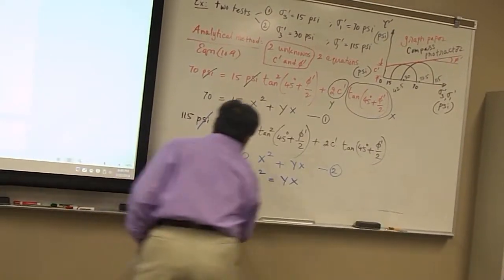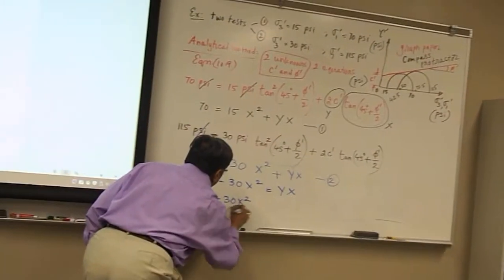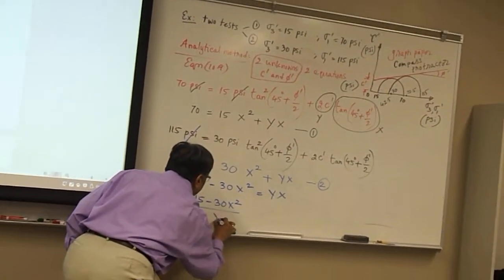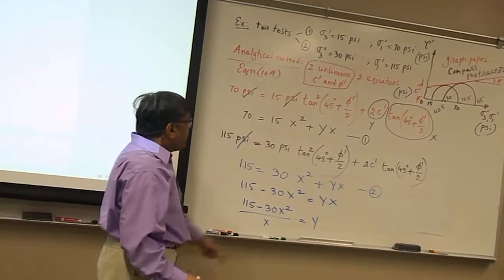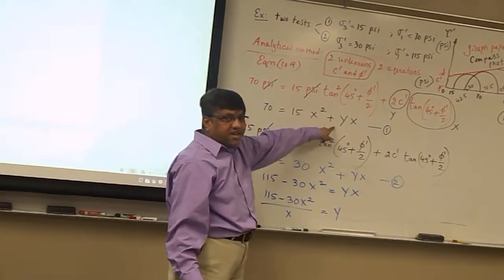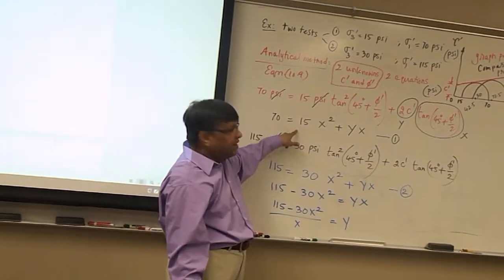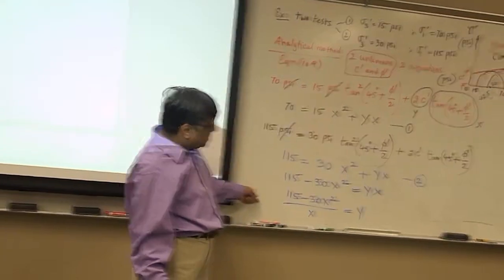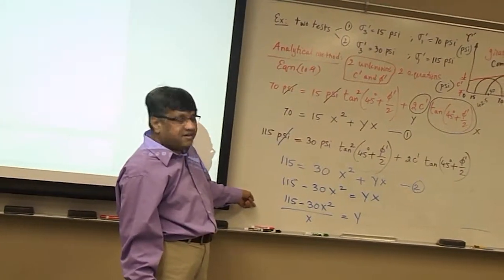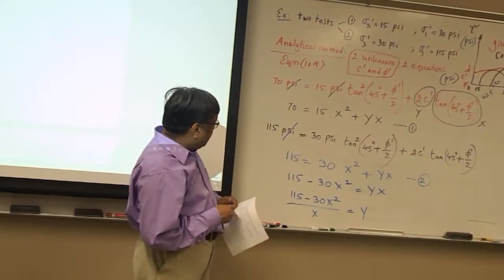That means we can write 115 minus 30x squared divided by x equals y. So after getting y, we can substitute in this. When we substitute in this one, actually the simplification becomes quite easy. If you understand this step, I can erase this one and substitute it there, which is easy.